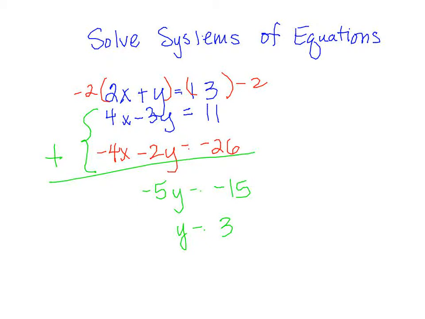So we're going to look at the system once again and talk through each step. The system was 2x plus y equals 13 and 4x minus 3y equals 11. What I chose to do earlier was take the first equation and multiply it through by negative 2.